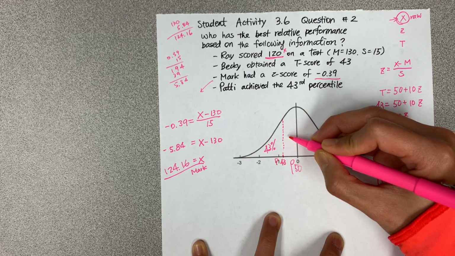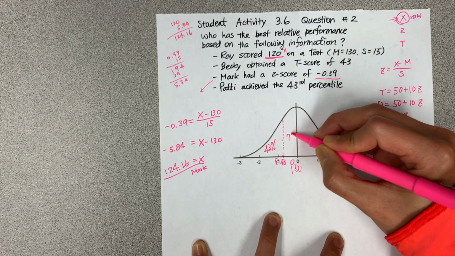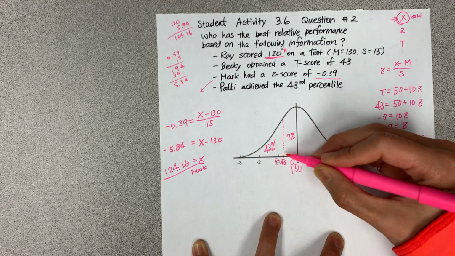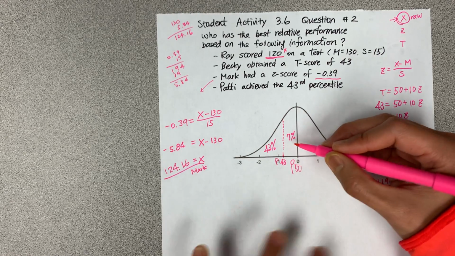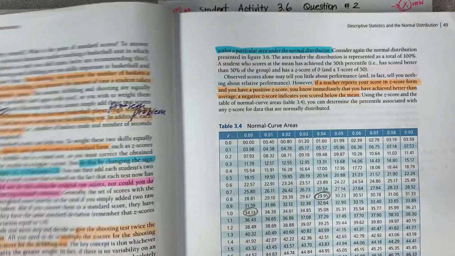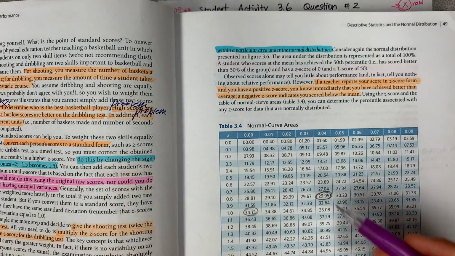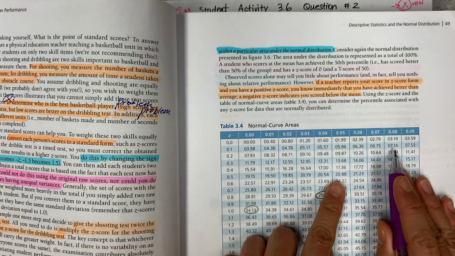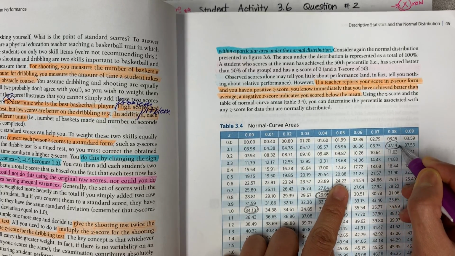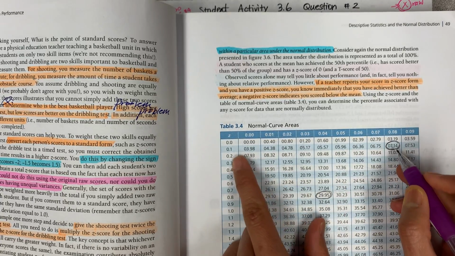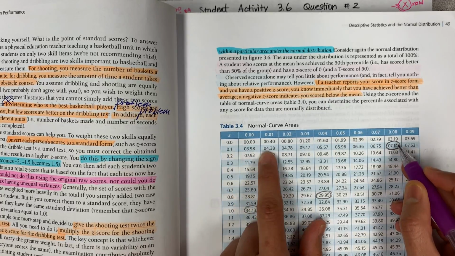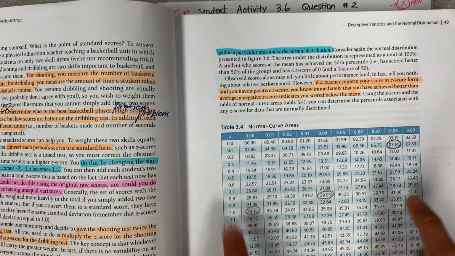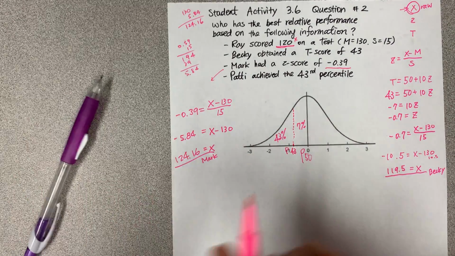So this is actually 7% away from the mean. For the z-score, I look for the value closest to 7%. It's probably right here, so the z-score is 0.18.